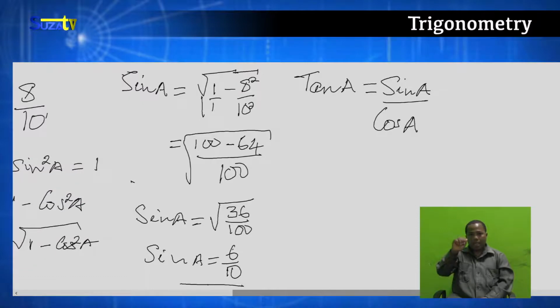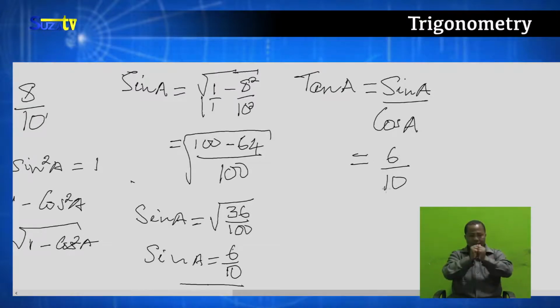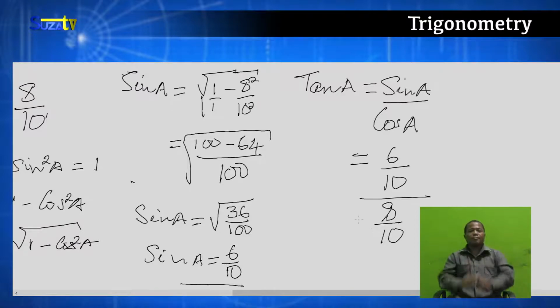Tangent A, as we say, is equal to sine A over cos A. We have already calculated that sine A is 6 out of 10, divided by cos A, which is 8 out of 10.